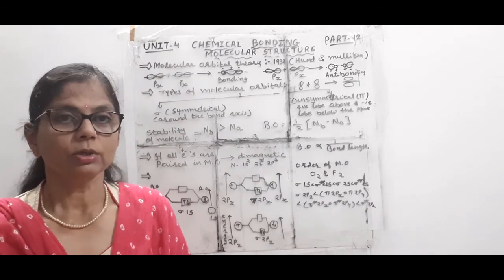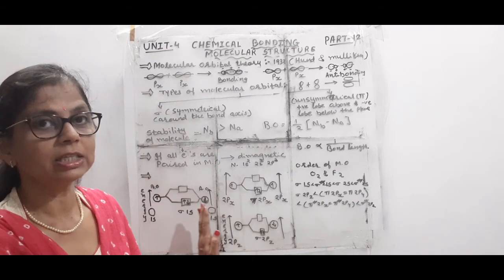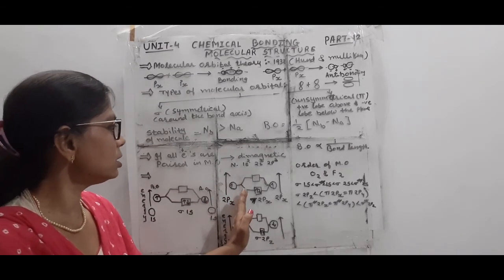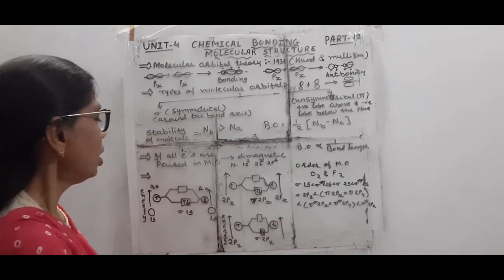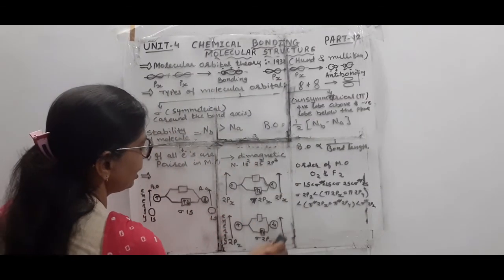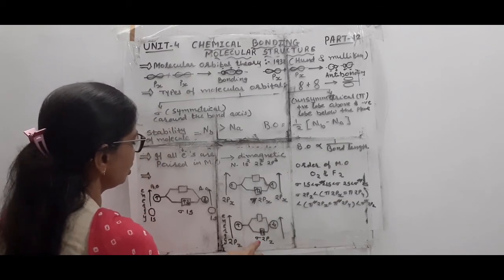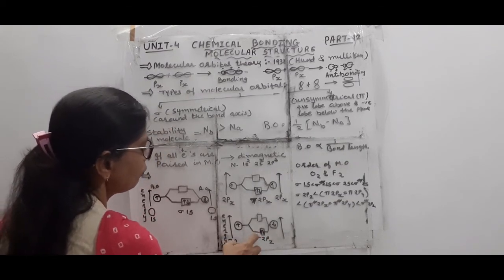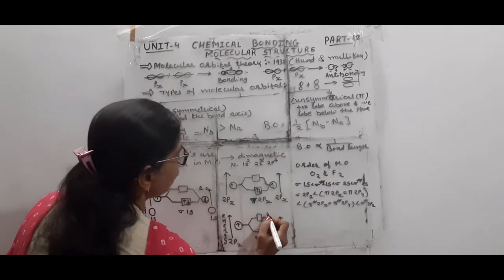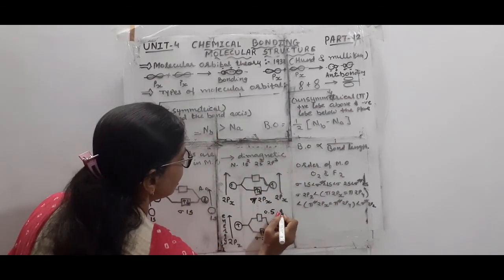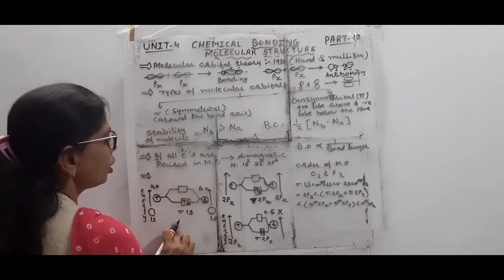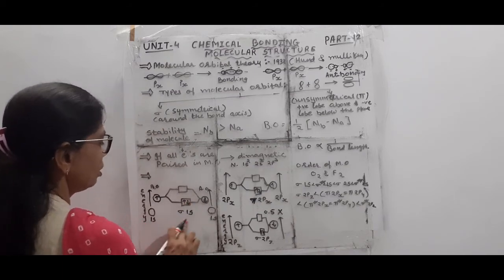So till that time you just practice to draw this molecular orbital diagram, because this is also very important. You cannot draw it haphazardly. Suppose you are doing like this, I have drawn it specially to show you, student. If you are doing like this, then in the exam 0.5 marks for this diagram will be cut. This is the accurate molecular orbital diagram.